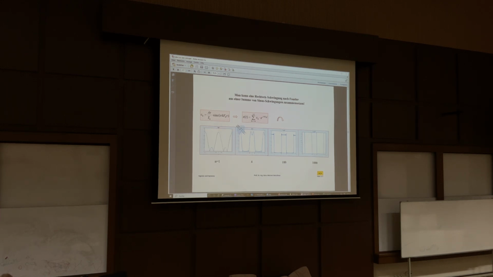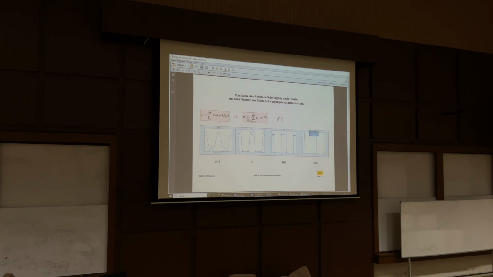Here you overlay 4 sinus x over x with the different higher frequencies, and you see already it looks a little bit like a rectangular shaped pulse. If you have 100 or 1,000, it gets even better. So the more I overlay, the better it is.